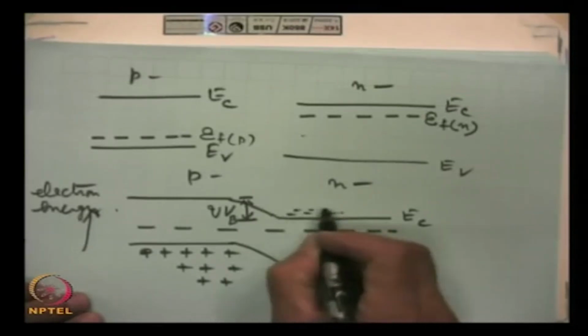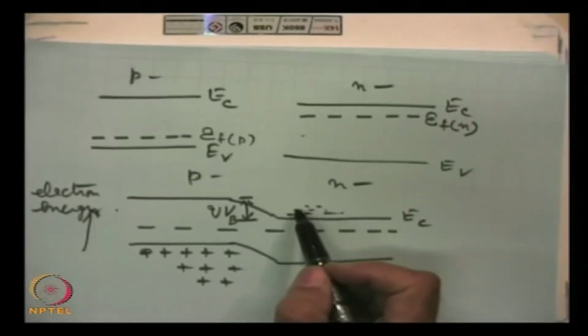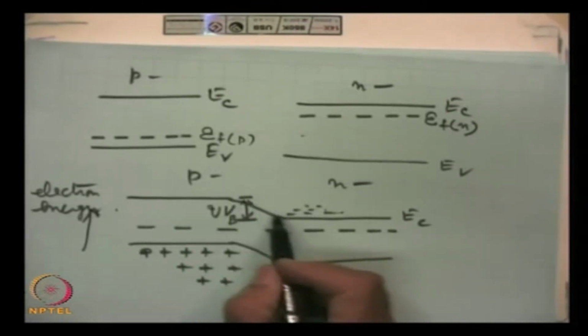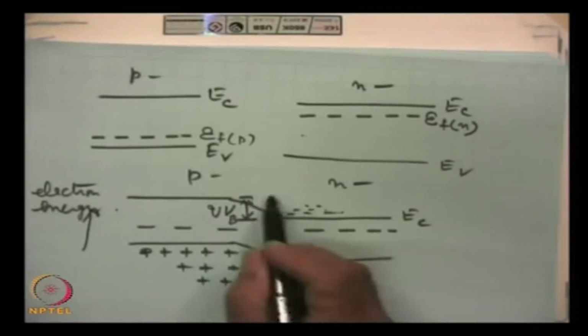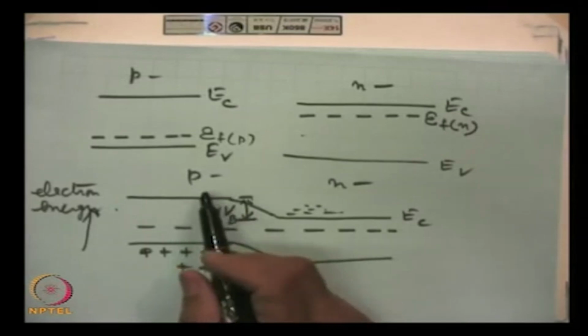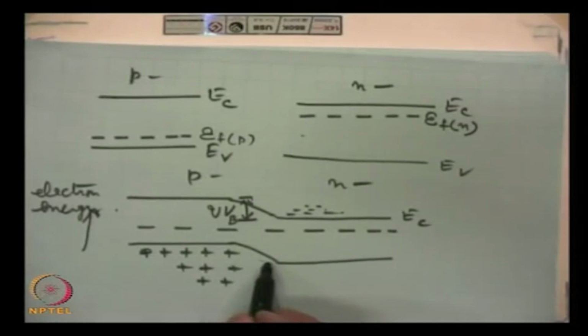So, there are electrons. These electrons do not have enough energy to cross over to the p type, because there is a potential energy difference. They should have at least this much energy, then only they will be able to cross over and move towards the p side. Similarly, this is uphill for holes. It was said earlier that electron energy increases upward, then hole energy increases downwards.